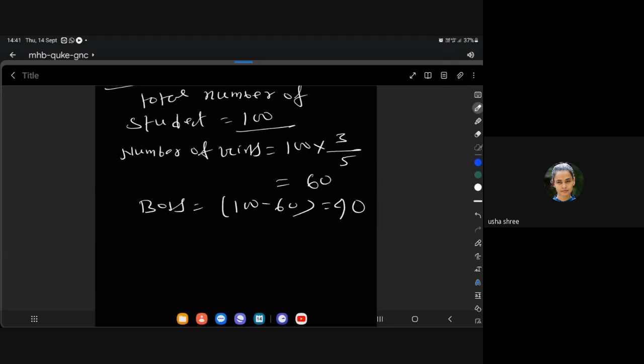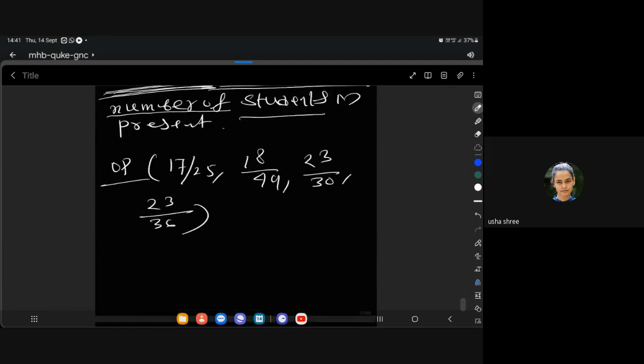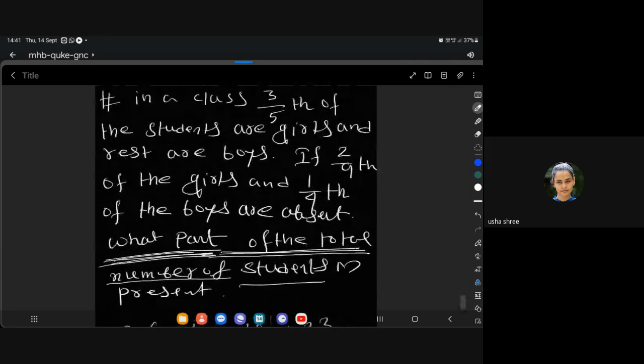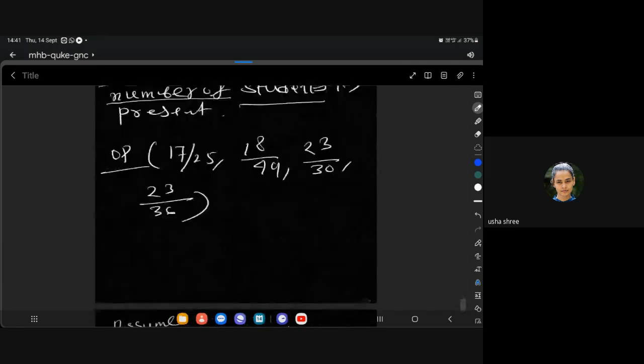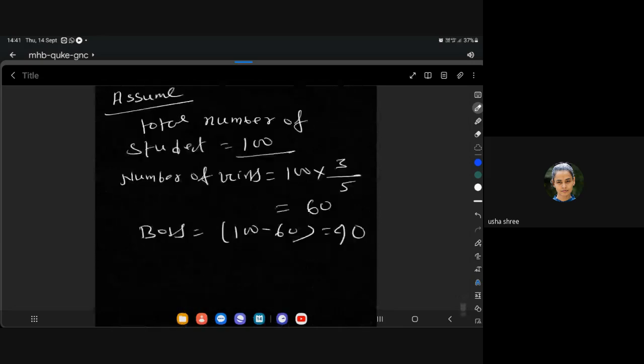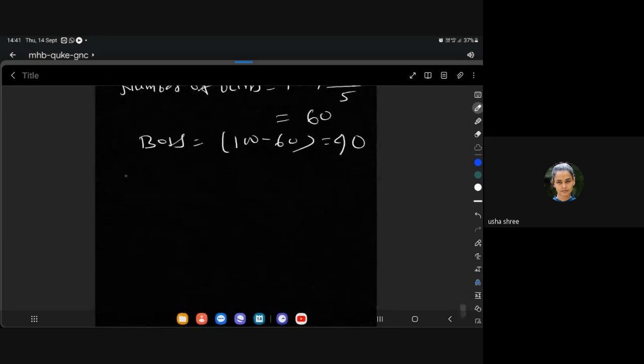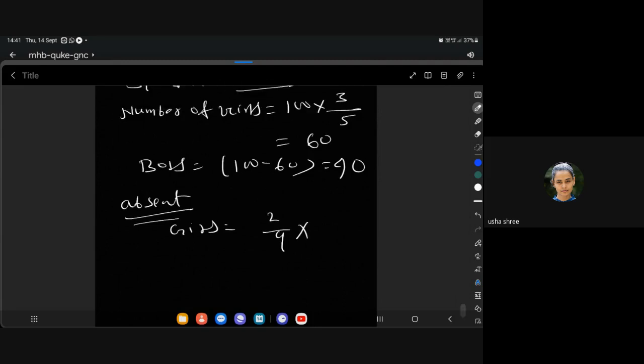Now, second part. The number of girls who are absent is how much? 2/9 of the girls and 1/4 of the boys are absent. Okay. Now, those who are absent: girls, 2 by 9th of how much? 60.